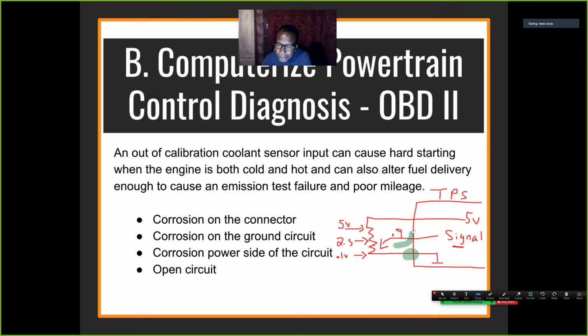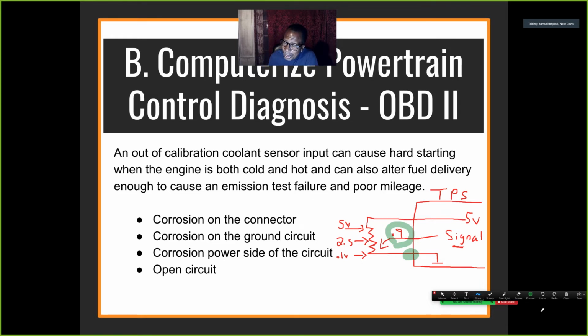What would that do to this number here? It would add resistance, so that number would go down. That is what most people think, that it will go down. It will go up. It actually will go up. So if I got corrosion there, that 0.9 might be 1.5. It depends on the resistance. The voltage drop will go up.